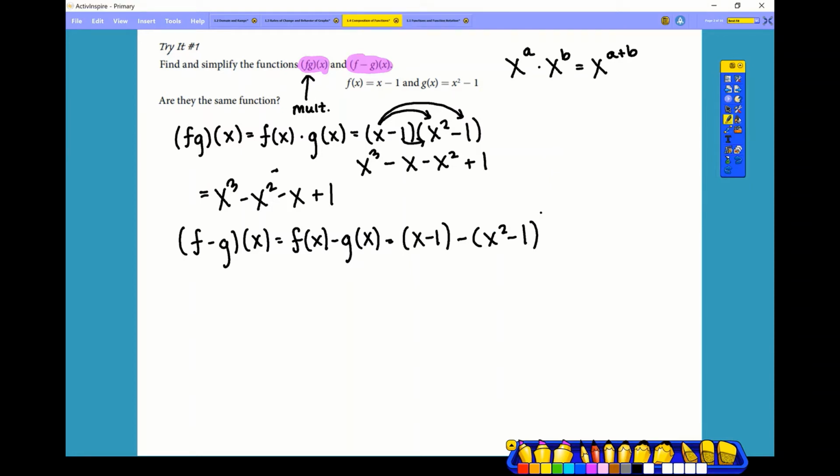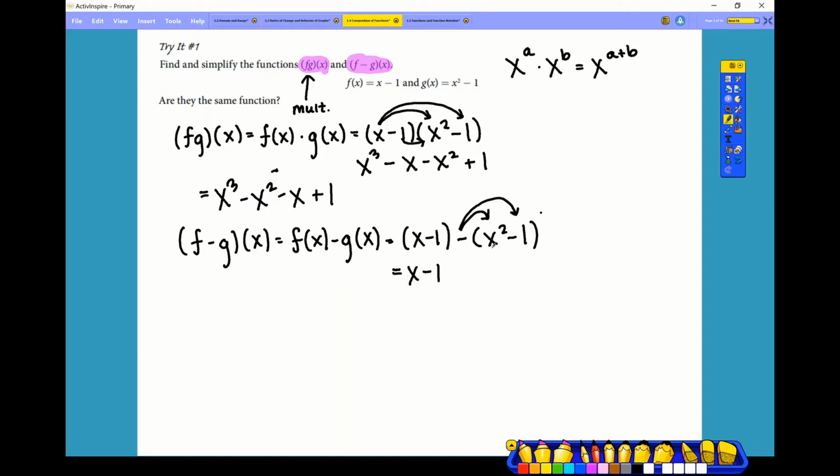So we have x minus 1 minus x squared minus 1. So this first one, x minus 1, the f of x, since there's nothing in front of it, like a negative or a positive, we can just straight up drop those parentheses. x minus 1, and then we can distribute the negative.